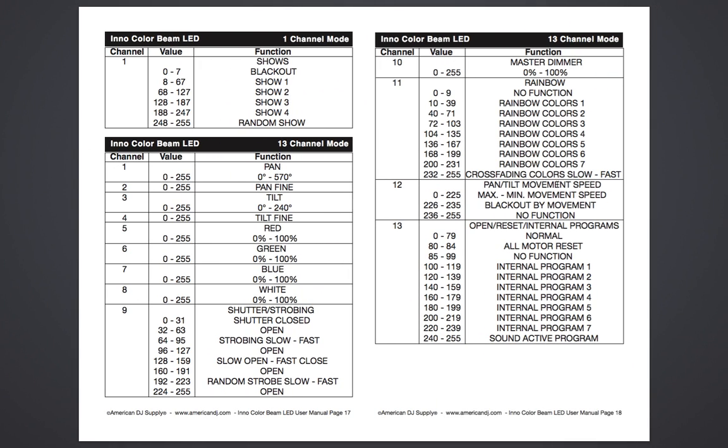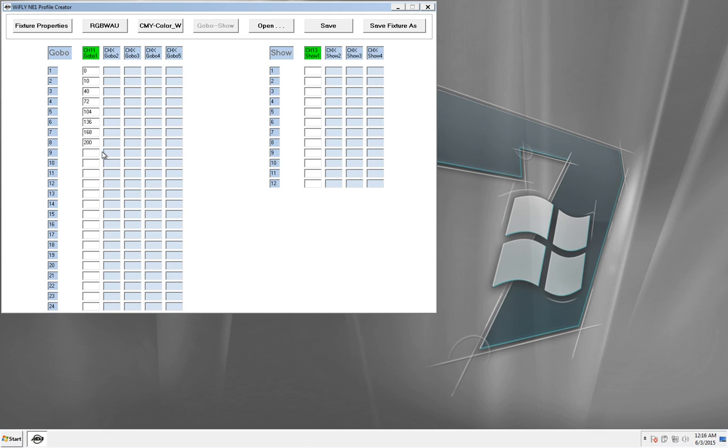Now, we have cross-fading colors, slow to fast. I don't have a fader to be able to do that, so I'm just going to do some in between. So we have 232 to 255. So we'll do 232, 240, 245, 250, 255.